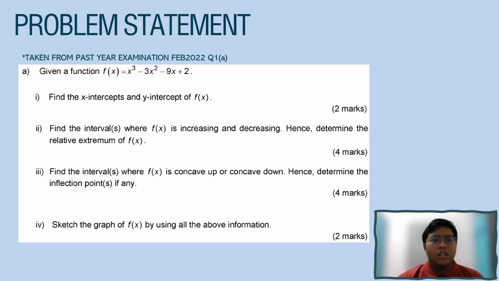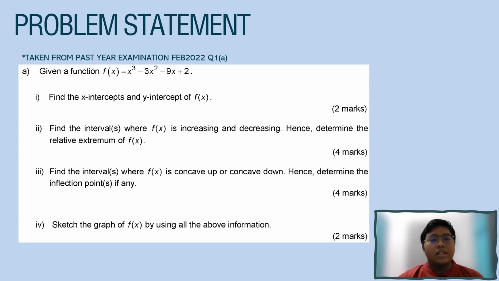The question given is a function f(x) equals x cubed minus 3x squared minus 9x plus 2. The first one is to find the x-intercept and y-intercept of the f function. The second one is to find the intervals where f(x) is increasing and also decreasing, hence determine the relative extremum of the f function.